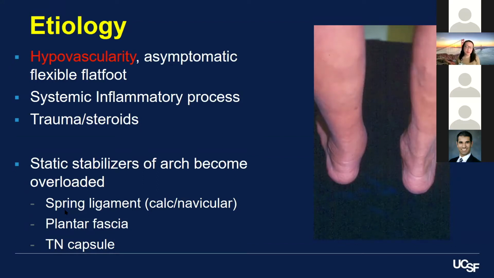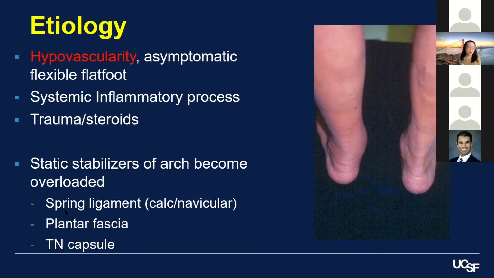There certainly can be some that have trauma, although most patients I see with flatfoot don't recall any specific trauma. Most patients also never say they took steroids. These are things stated in the textbooks, but I don't have a whole lot of patients telling me they've taken a lot of steroids or had trauma to their posterior tib tendon.